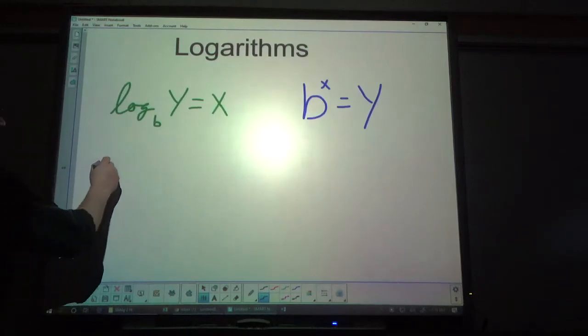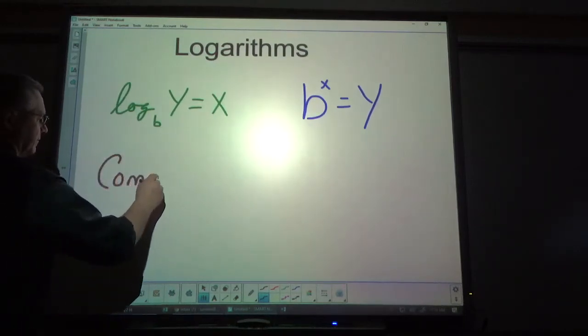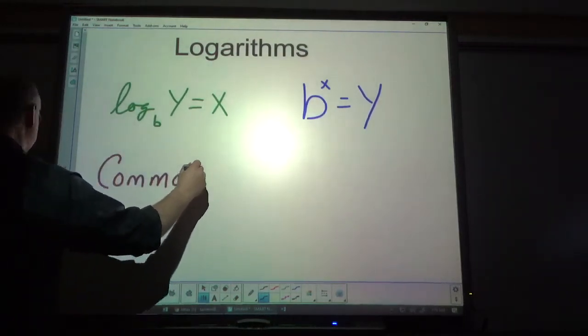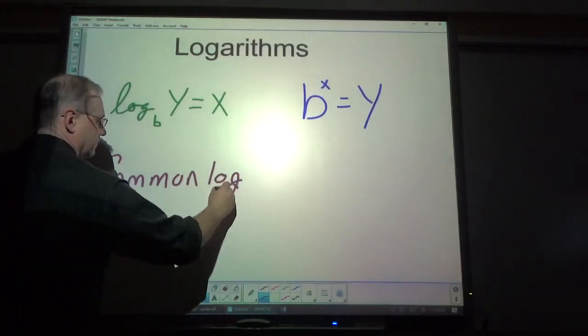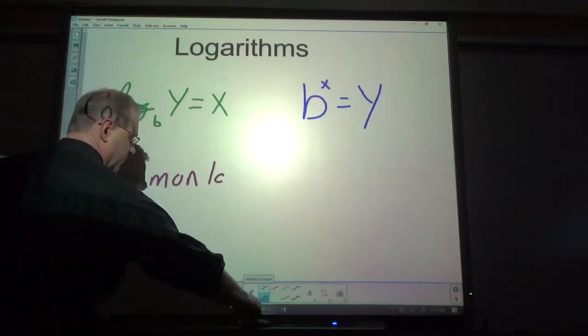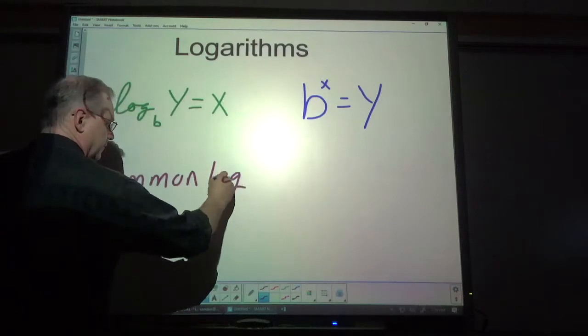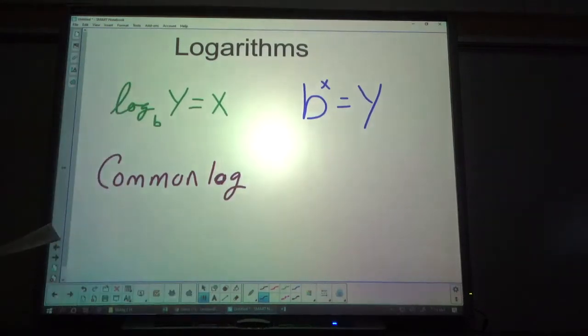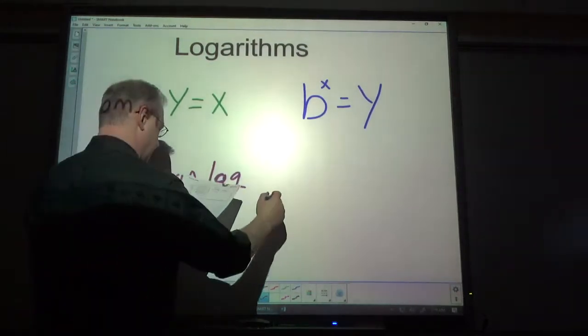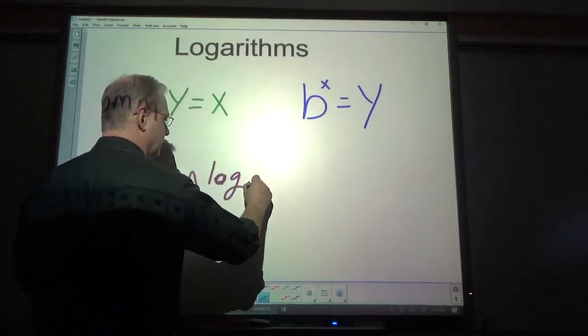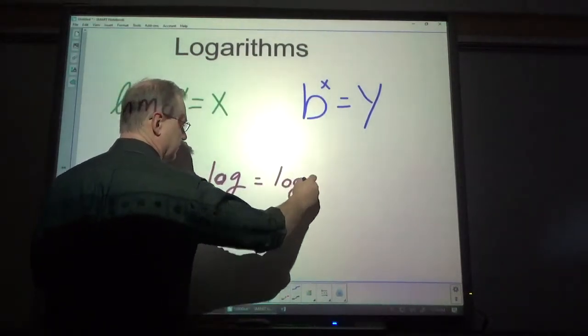Then there's something called a common log. Getting very drudgy today. All right, a common log is just log.